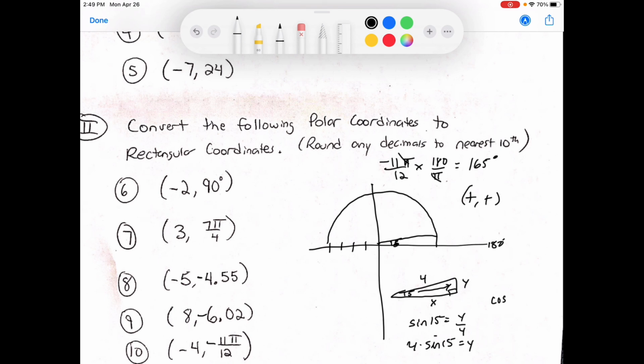Cosine will give me the x part. 4 times cosine 15 equals x.